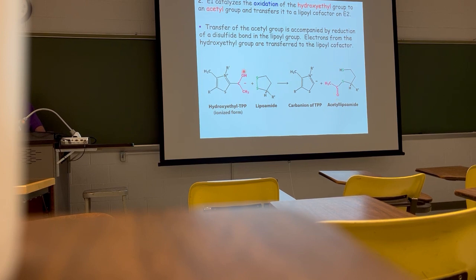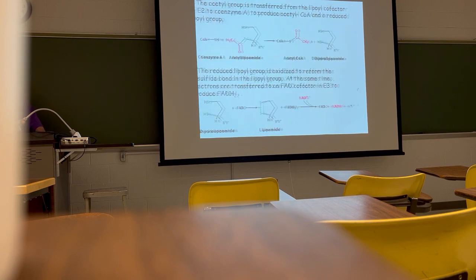So this hydroxyl group was oxidized to an acid, and then that acid can form a thiol ester with the sulfur in the lipoamide. So now we've transferred the 2-carbon unit that came from pyruvate to enzyme 2 in the complex through forming this bond with the lipoyl group.